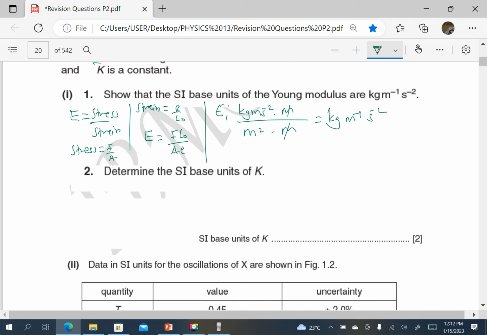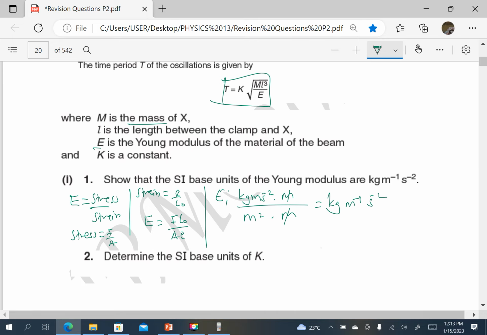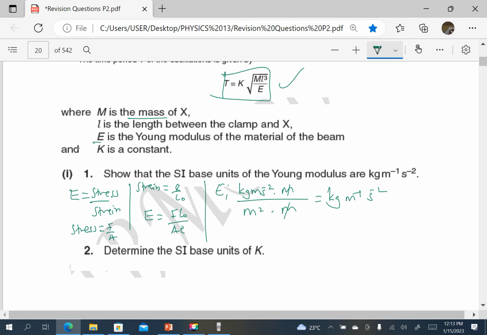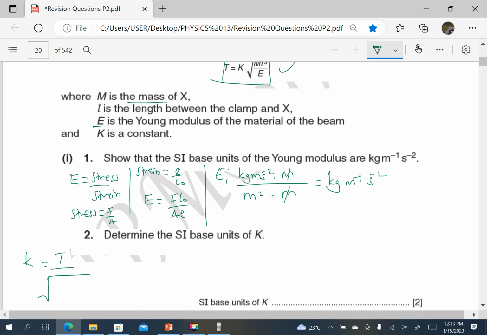Then determine the SI base units of K. So we make K the subject from this expression here. I'll just divide both sides. So K is equal to T over the square root. I don't need to remove the square root.